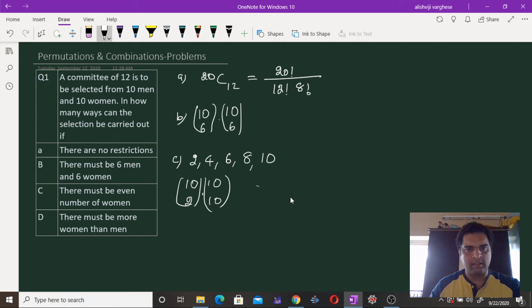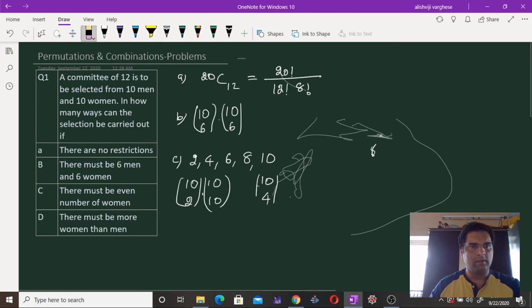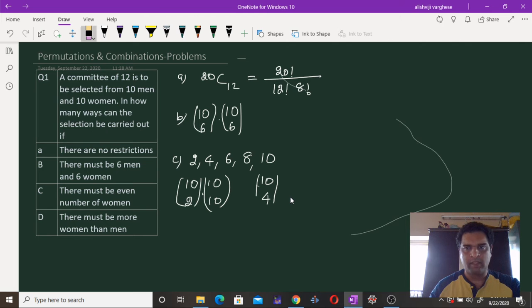Then 4 women can be selected in 10C4 ways, and the remaining 8 positions can be selected in 10C8 different ways.